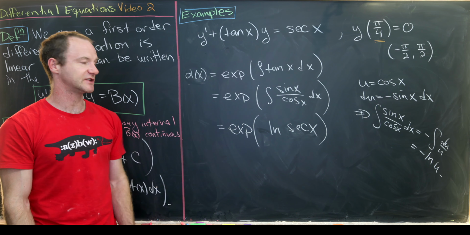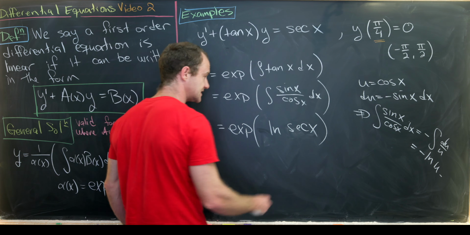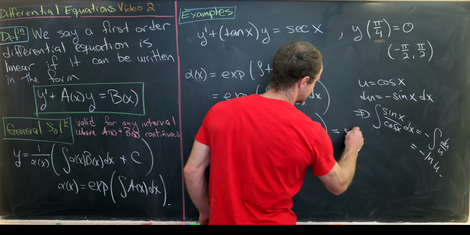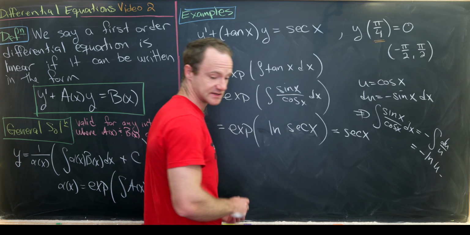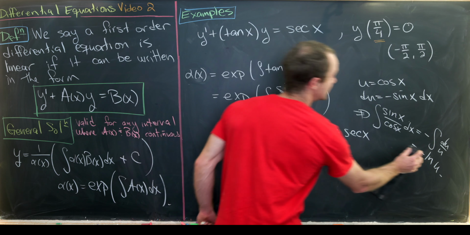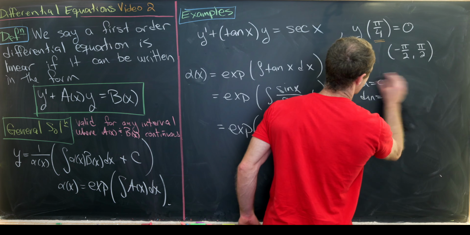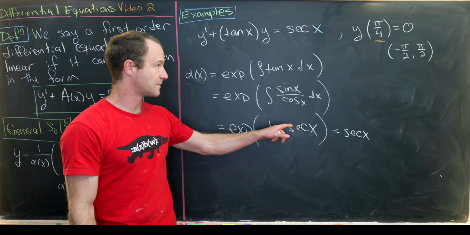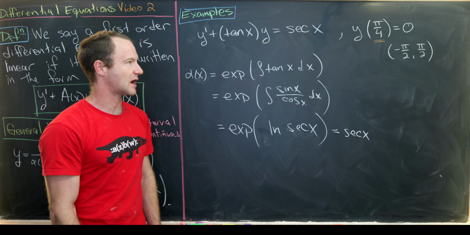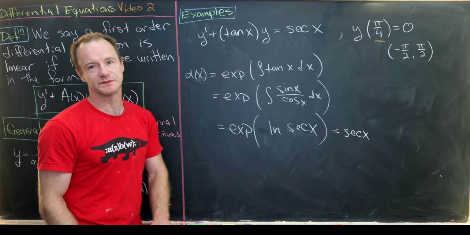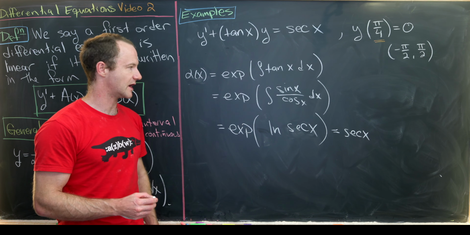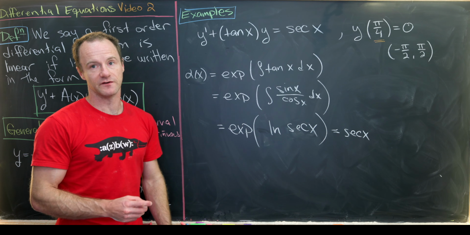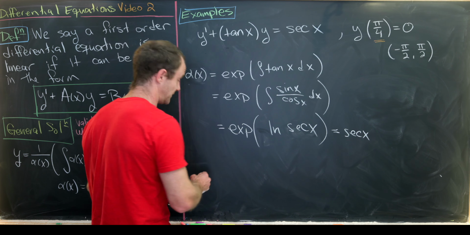So we have the exponential of the natural log of secant, but that's going to, in the end, just give us secant x because the natural log and the exponential cancel each other. Now, you might be worried a little bit about the absolute value that we got rid of here, but on the interval from minus pi over 2 to pi over 2, the secant is always positive, so we didn't really need to worry about it. Okay, so there's our alpha of x, and now we're ready to just finish the whole thing off.